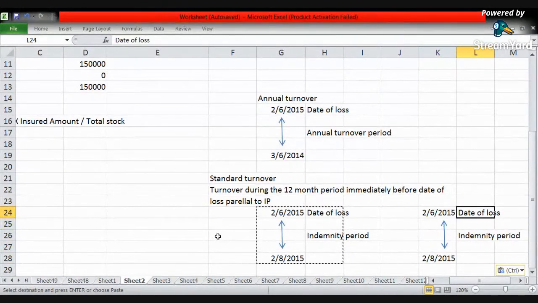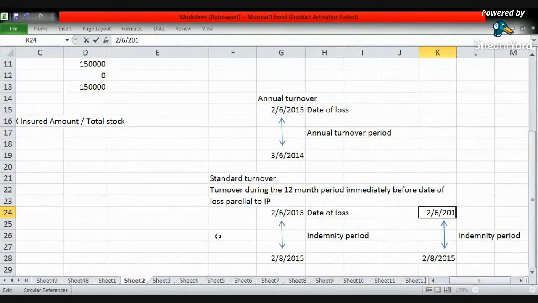This is not the date of last year period, just the date, that's all. So 2/6/2014 to 2/8/2014. This would be called the standard turnover period. Standard turnover.